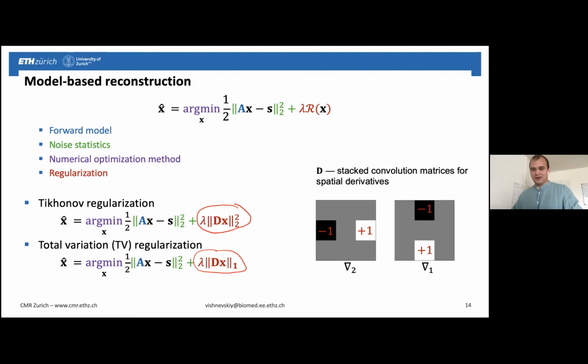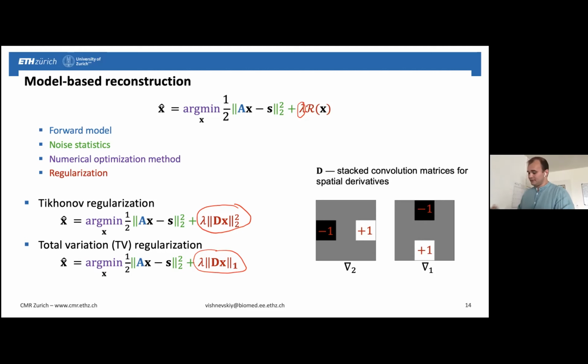The L2 norm means that we assume Gaussian acquisition noise, and the L1 norm would again assume Laplacian acquisition noise. Then we would need to find an optimization method to solve this problem. And also on top of that, we have to tune the weight of the regularization. So how much of the prior knowledge do we want to incorporate in our resulting reconstruction?